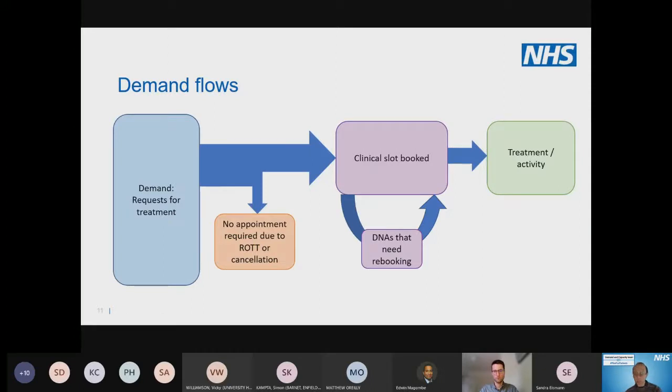And I suppose the reason I'm showing this here is because historically, when we look at capacity, we've looked at activity as a proxy for capacity. And straight away, if you look at this little flow chart, you can see that that's actually not a great measure, because there are lots of other things that bias what your capacity is.